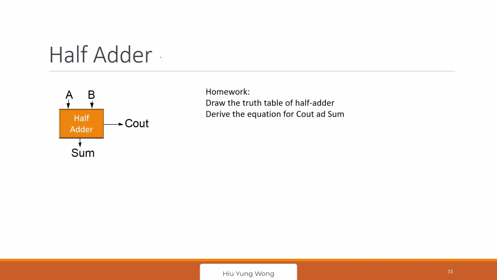Or the least significant bit, right? You will have a half adder, and then you go to full adder. You see what I mean? Because for the least significant bit, you don't have carry in, right? So you can reduce the logic, energy consumption and area by using a half adder first, and then going to full adders.